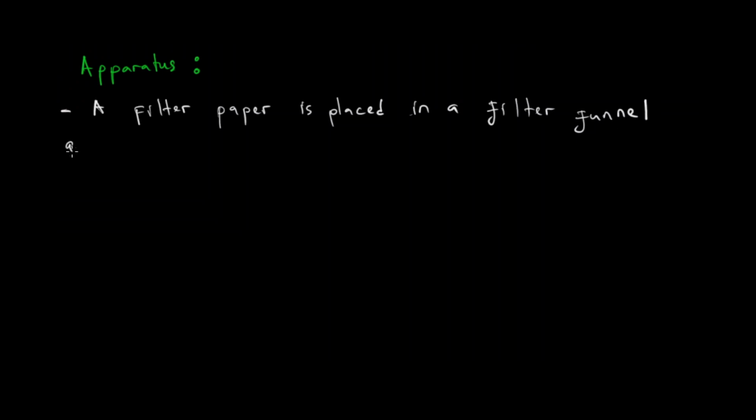And the filter funnel should then be above a container, but in a lab situation, it's usually a beaker. Like this. So we have a filter paper placed on top of a filter funnel, then we have a beaker.